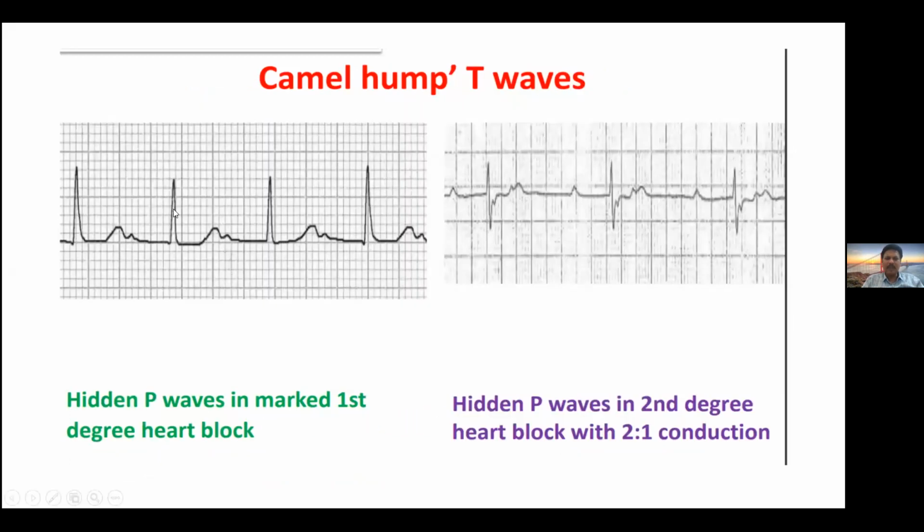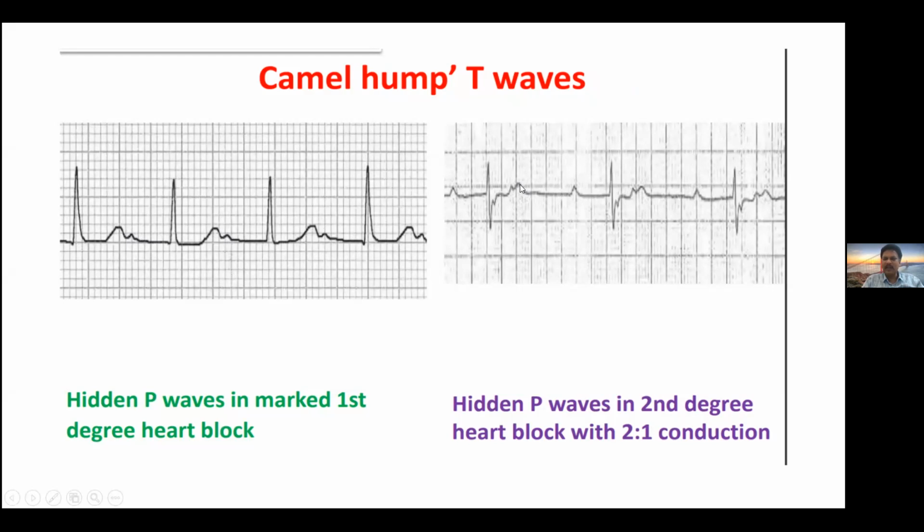The next T wave pattern: see here, there is a ST segment, QRS complex, ST segment, T wave. Another wave is there. And this is a P wave followed by a QRS complex, with a prolonged PR interval. The P wave is happening very close to the T wave, giving rise to a camel hump. See here, it is like a camel hump. Because it is a complete heart block, the P wave is marching across.